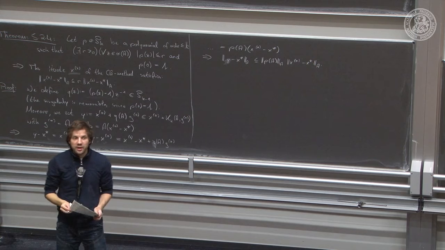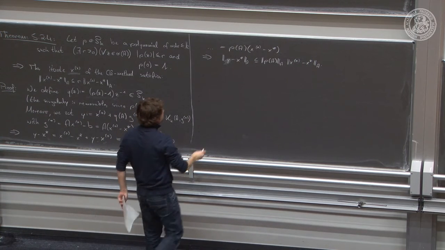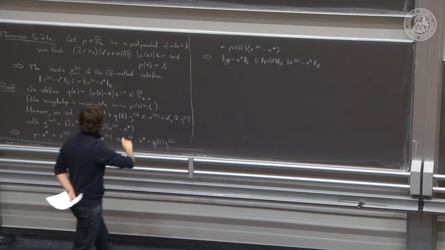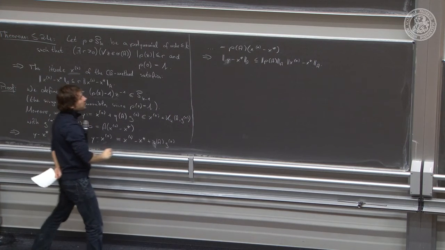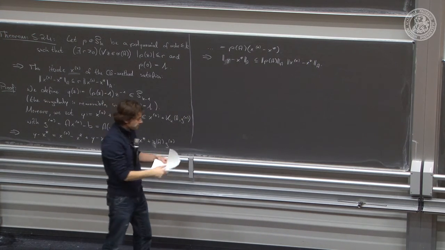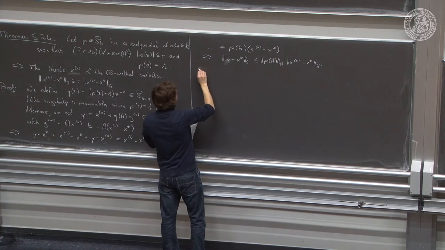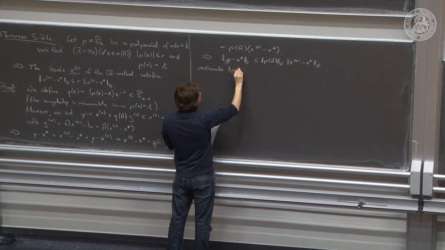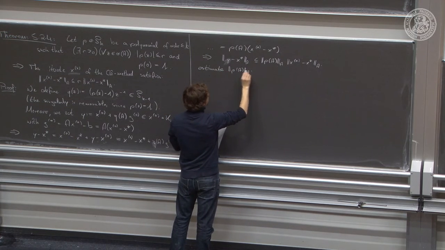Okay, so what remains is somehow to use the minimizing property of our kth iterate and to estimate this operator norm of p(A).